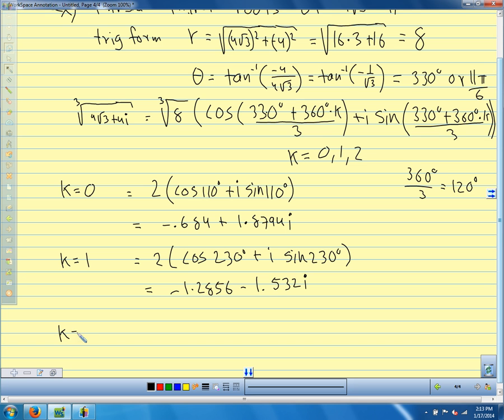And for k equals 2, I'm just going to add another 120 degrees here. So I get 2 times the cosine of 230 plus 120, which is 350, plus i sine 350.